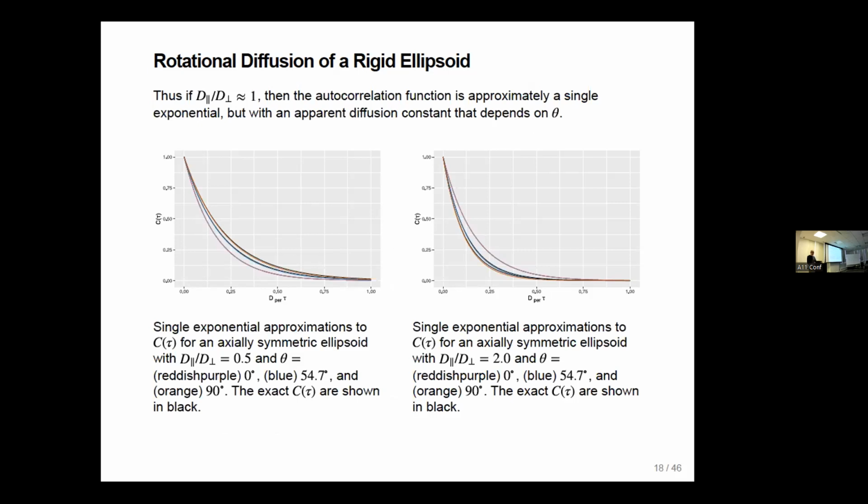So here then are just some pictures. So here are various single exponential approximations that depend on the orientation of the vector in the molecule, and I can't really tell the colors apart, but it works pretty well.